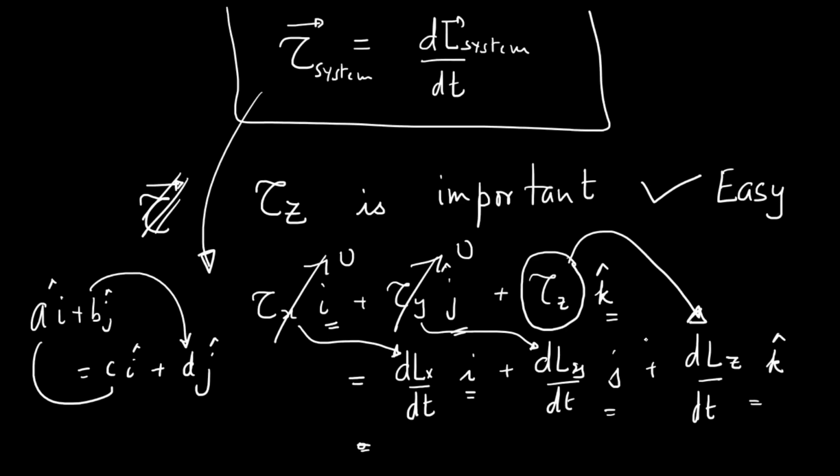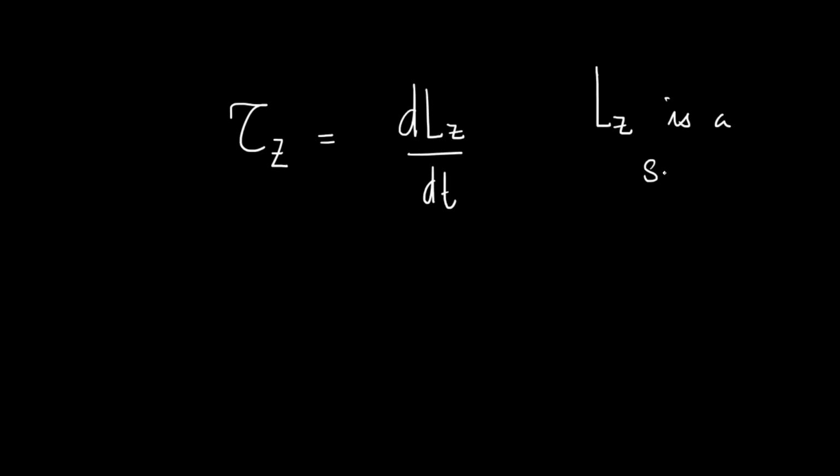So what we're trying to say is that if you're doing calculations with tau z, then your focus should be dLz by dt. The problem we're solving is tau z, which is a scalar number, is equal to dLz by dt. I want to focus on the point that Lz is a scalar.